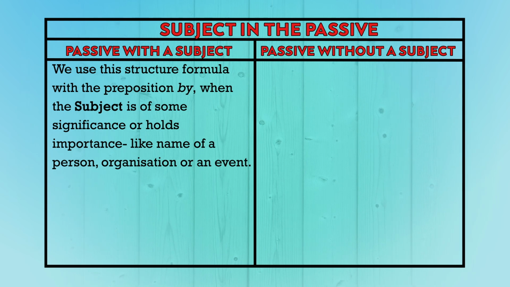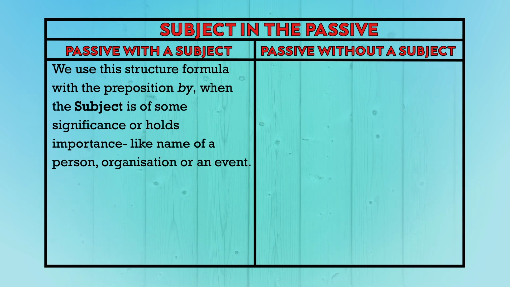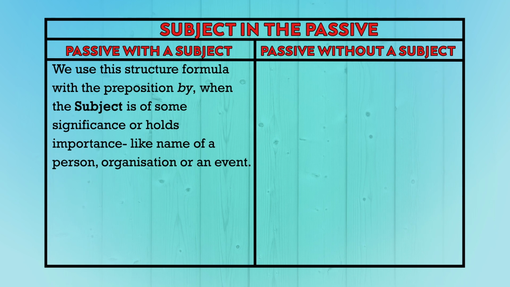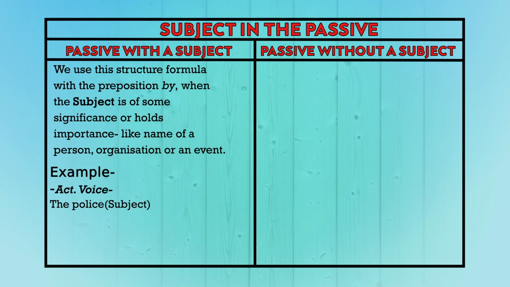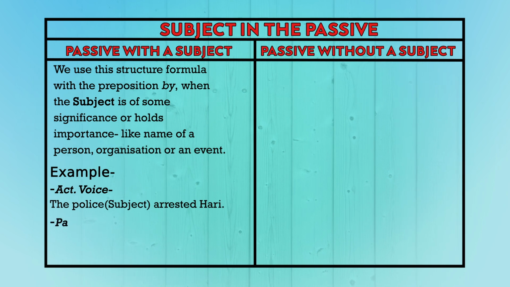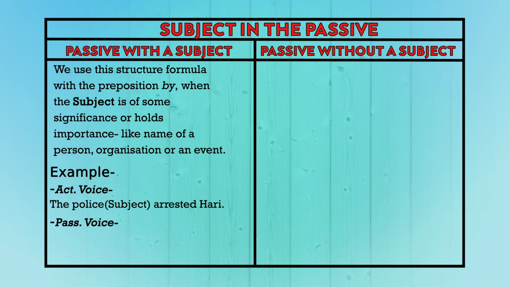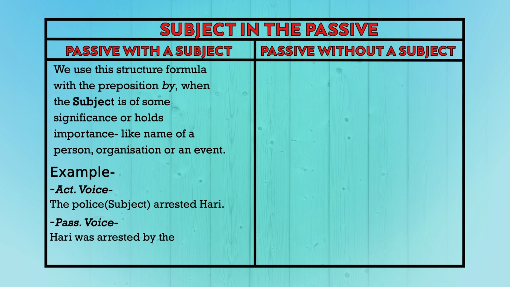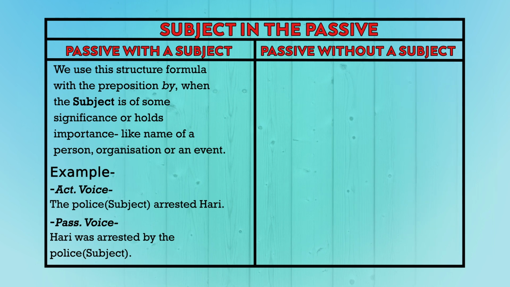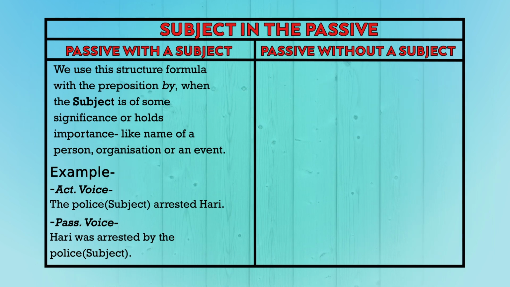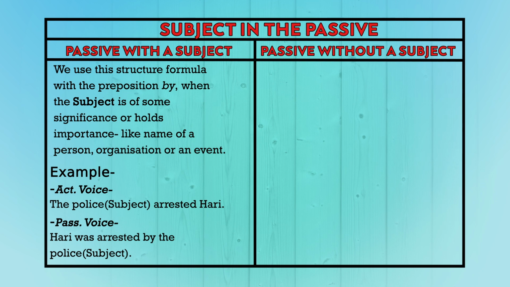We have to include the subject in the passive. For example, the police arrested Hari. In the passive form we write, Hari was arrested by the police. Here the subject police is the name of an organization, so we cannot exclude it.